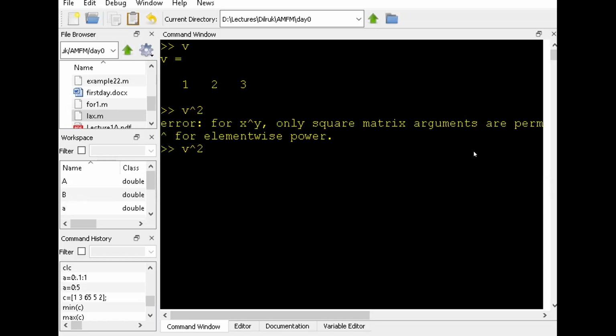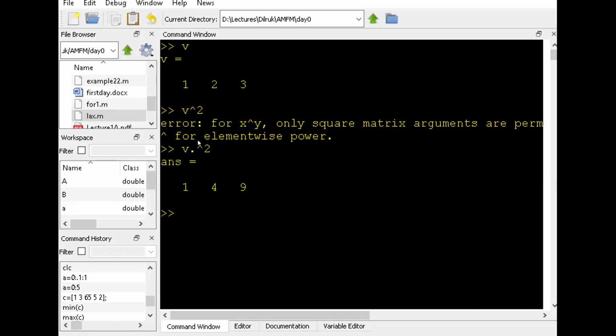But if you type with a dot in front of this operation, this means do the element wise operation, square the elements element wise. 1 squared, 2 squared, 3 squared, because these are vectors, right?